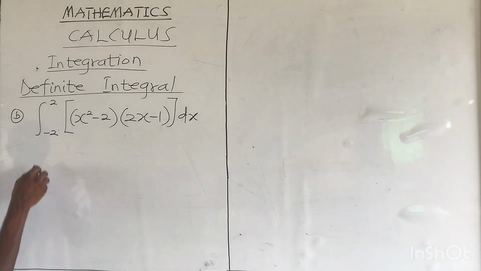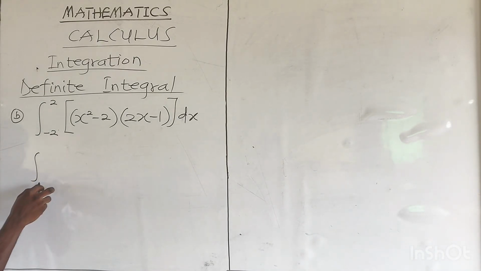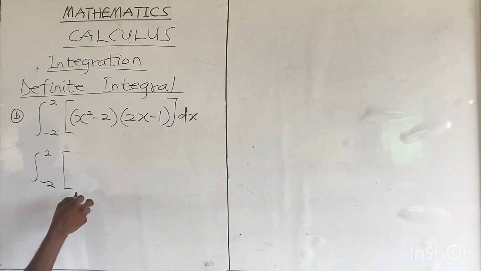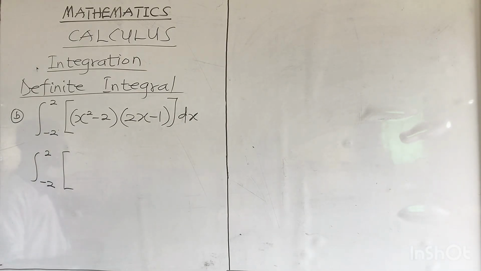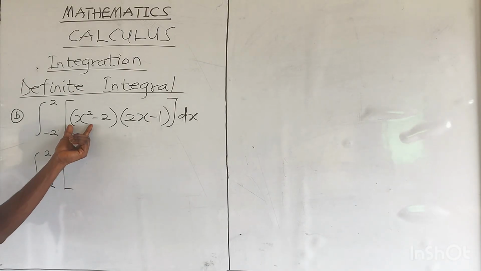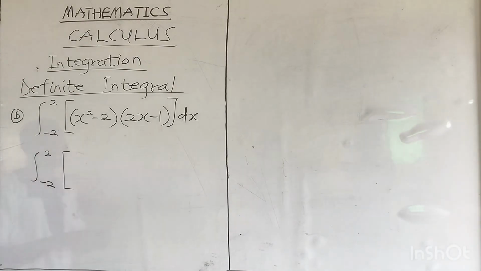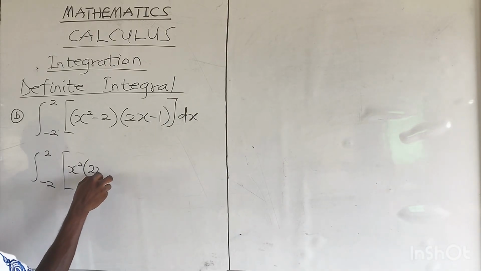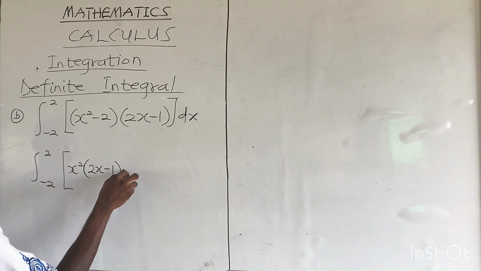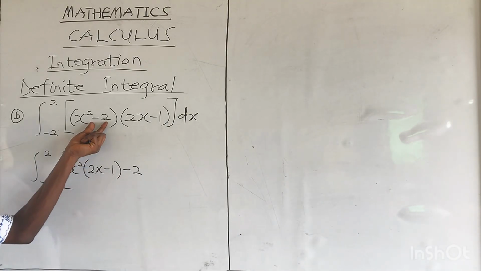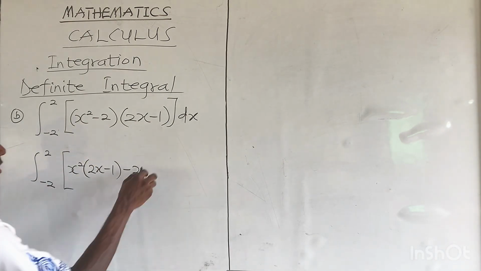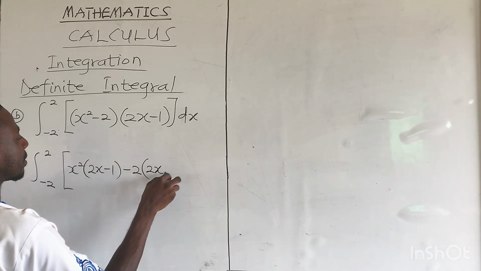So we still have the integral from negative 2 to positive 2. Then we start with the expansion. The first term, x squared, will multiply everything in the second bracket, so we have x squared multiplying 2x minus 1, and minus 2, the second term, also multiplying the whole bracket, 2x minus 1.